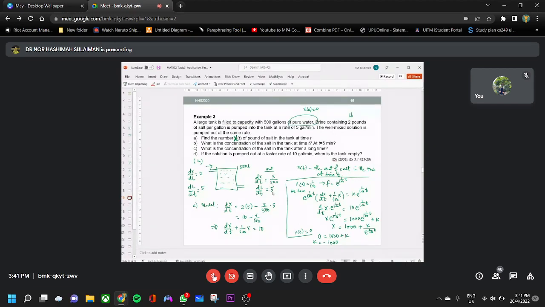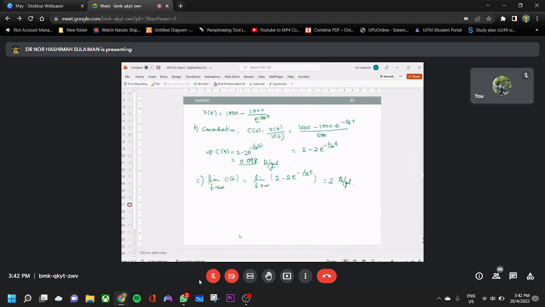Ini jadi 10, dia keluar pada kadar 10 gallon per minit, dia masuk 5. Apa akan jadi dekat ni? 500 kurang, betul? Okay, so bilakah tank ni akan jadi kosong? Tak tahu.